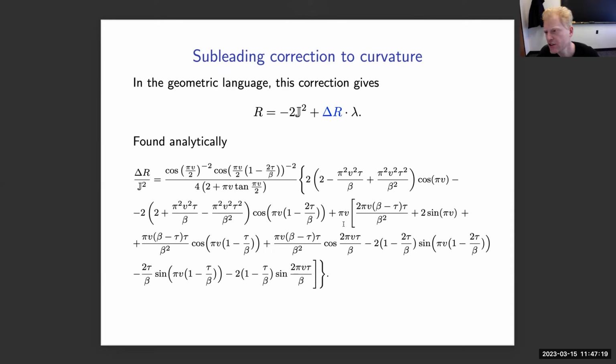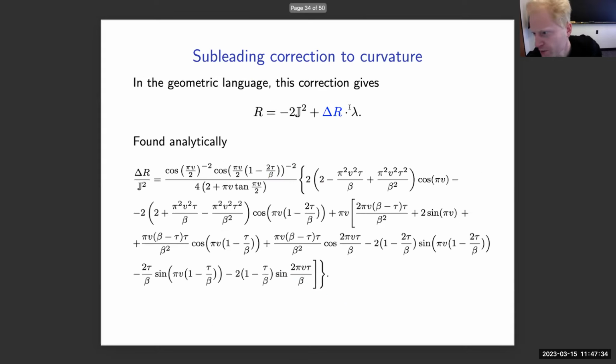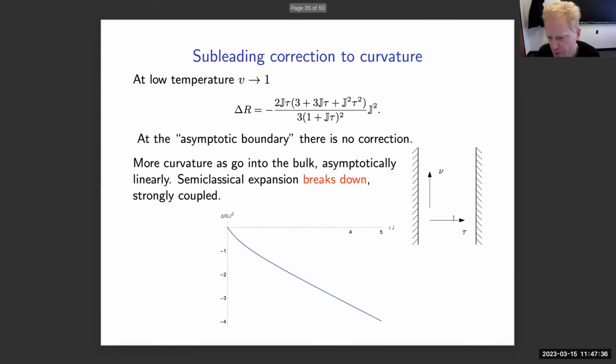And now we can study this also in various limits. First of all, let's consider what happens at low temperature. At low temperature, this correction to the curvature gets simplified. Recall again that we have this strip, and tau is the horizontal direction. Here I plot this correction to the Ricci scalar as a function of this horizontal direction tau.